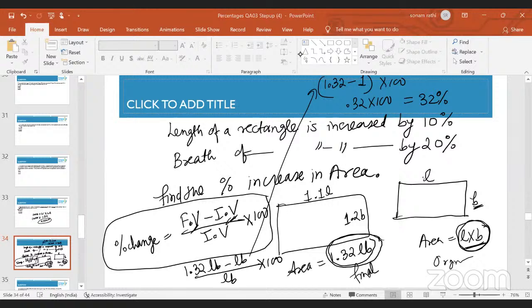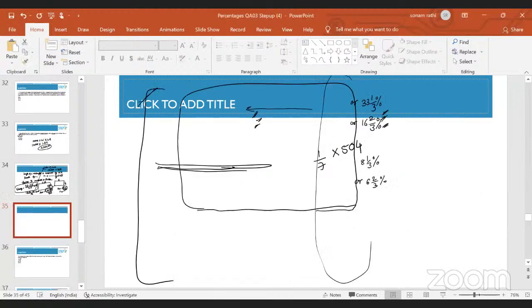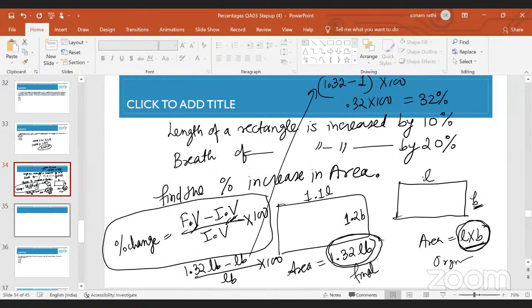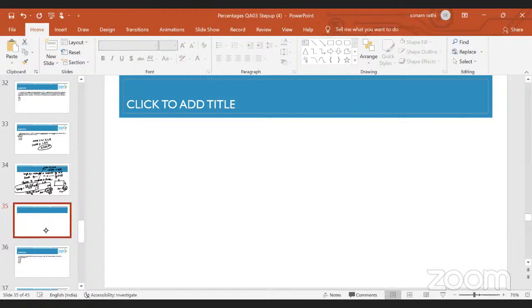Yes, ma'am. Now there's a shortcut for this. The good thing is there's a shortcut for this. You don't have to do this entire long method. The shortcut is, now listen to me carefully. The shortcut is A plus B plus AB by 100. A is the first percentage change.